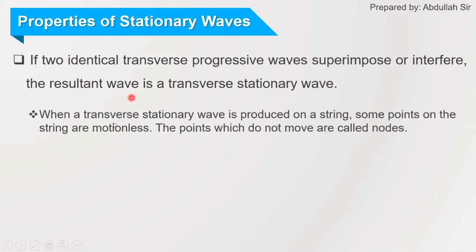And the next property, a sub-point of this property: when a transverse stationary wave is produced on a string, some points on the string are motionless. The points which do not move are called nodes.